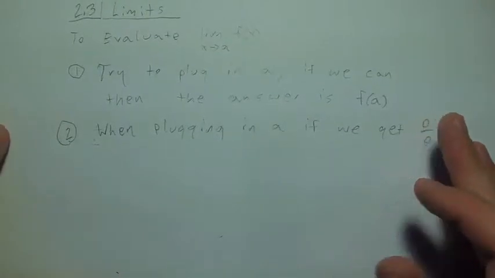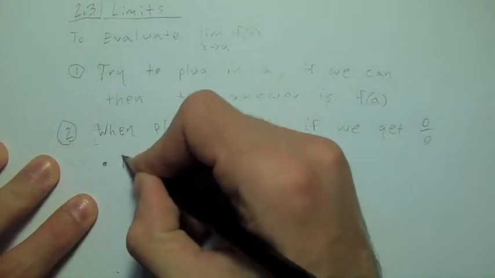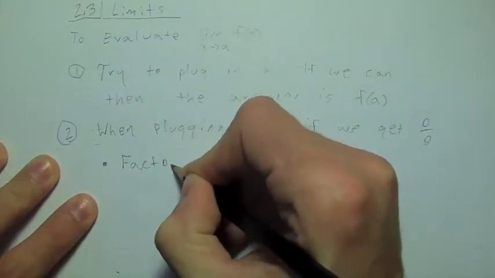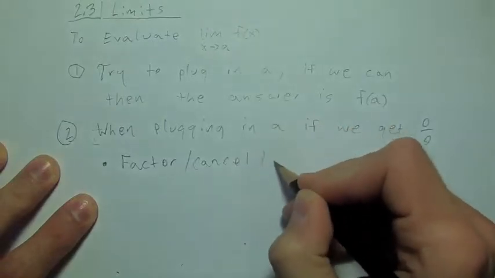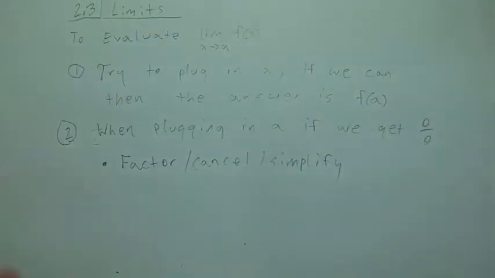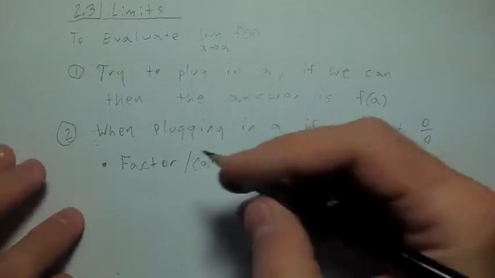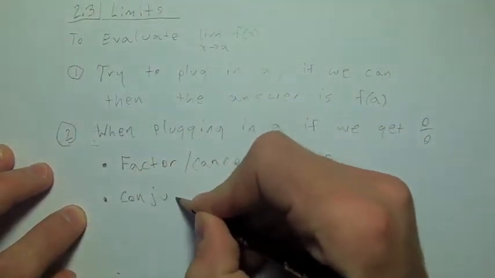So what we basically have to do is either factor, cancel, simplify, and then try to plug in again, go back to step one, or we have to use a conjugating factor.